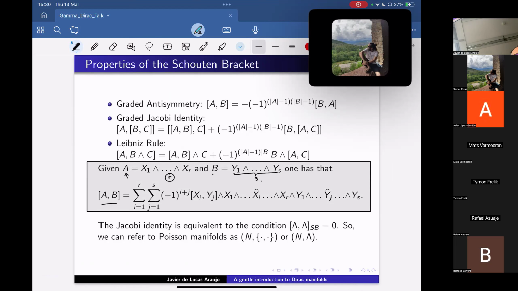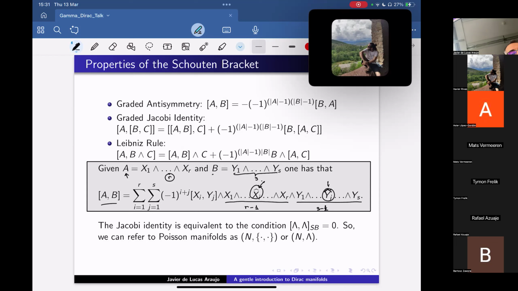Here you have an R minus 1 vector field, the wedge product of R minus 1 vector fields. Here you have an S minus 1 vector field, because when you write the hat in here, it means that this is deleted from the sequence.